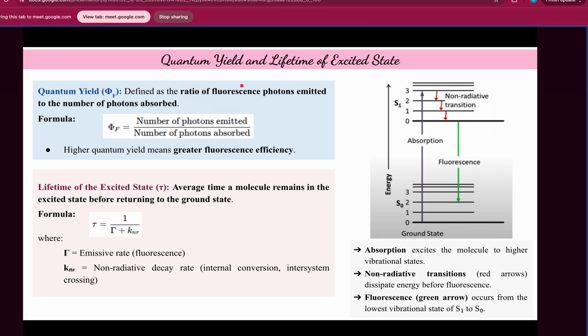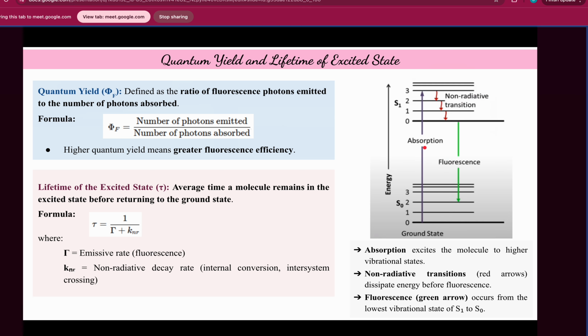Now then, another two terms. First is quantum yield and second is lifetime of the excited state. Now you will see why we were focusing on lifetime. Quantum yield is defined as the ratio of fluorescence photons emitted to the number of photons absorbed. So this will tell you how much yield there is. In fluorescence, there is some light which is emitted, and we have also seen through Stokes shift that due to vibrational relaxation among these vibrational levels, some energy is lost.